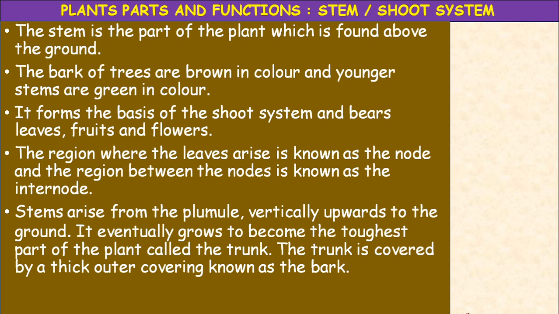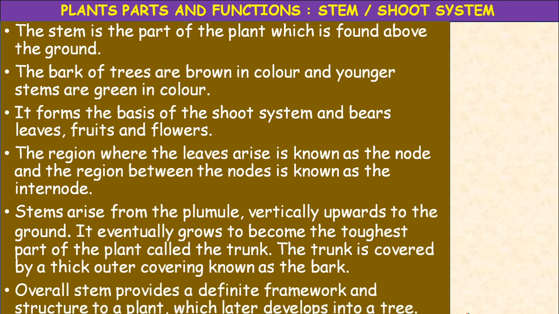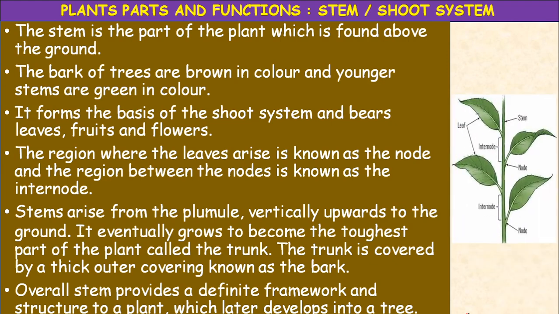It eventually grows to become the toughest part of the plant called the trunk. The trunk is covered by a thick outer covering known as a bark. Overall, the stem provides a definite framework and structure to a plant which later develops into a tree.